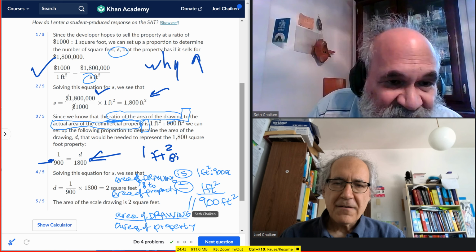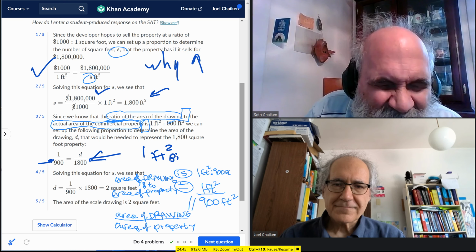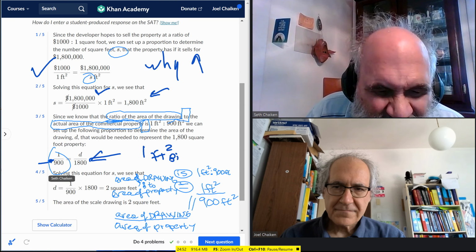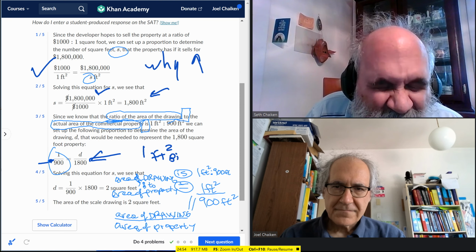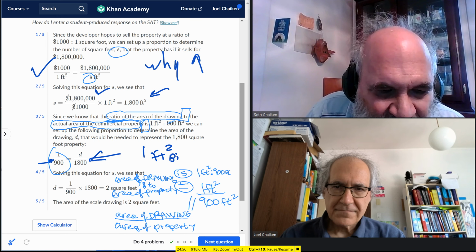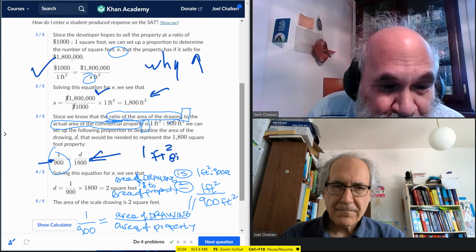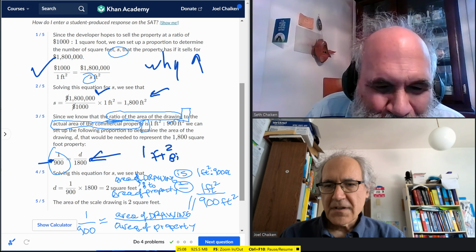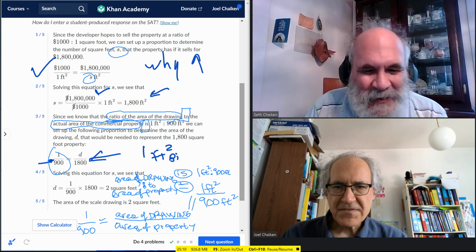And then they tell you that the scale of the drawing, the area of drawing divided by the area of the property, is 1/900th. One divided by 900. Okay, that's fine.